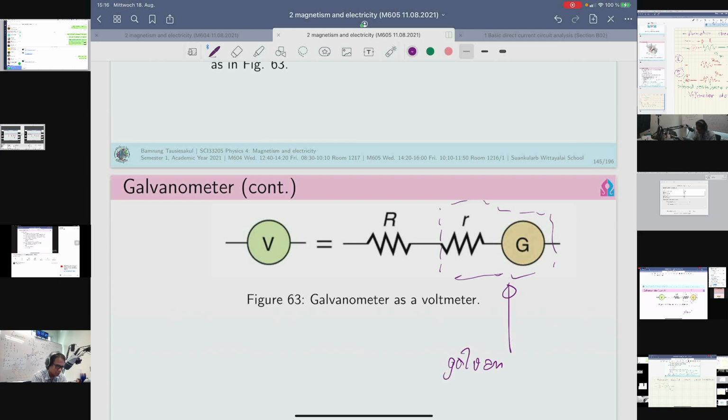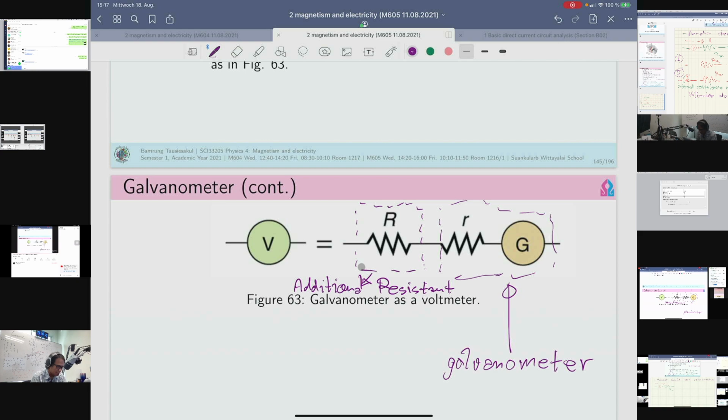Here is an additional resistance. With these two components we could have the so-called voltmeter.